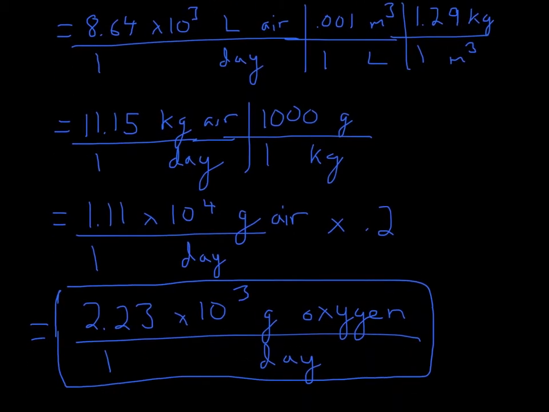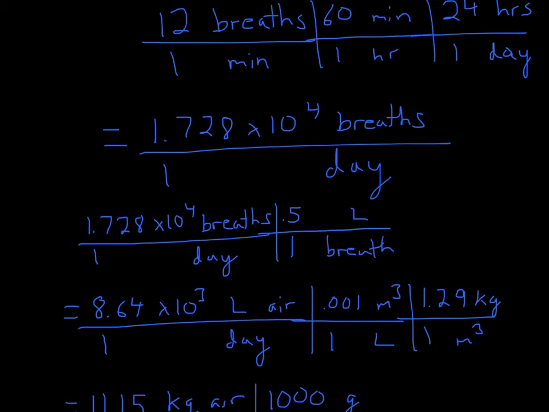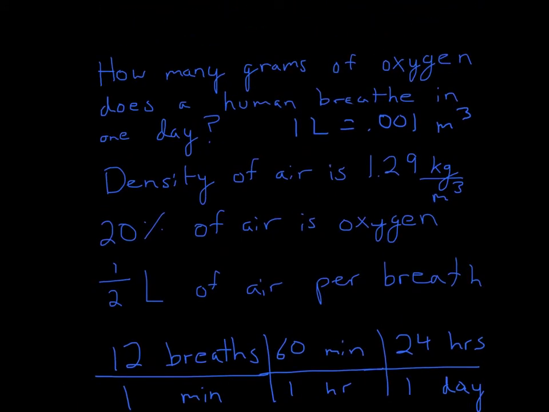So now we're at 1.1 times 10 to the 4th grams of air over 1 day. So that's good. Now we have grams of air per 1 day. But finally, we go back to the question one more time, and we see that they don't want air, they want oxygen. So the final piece of information that will help us is 20% of air is oxygen.